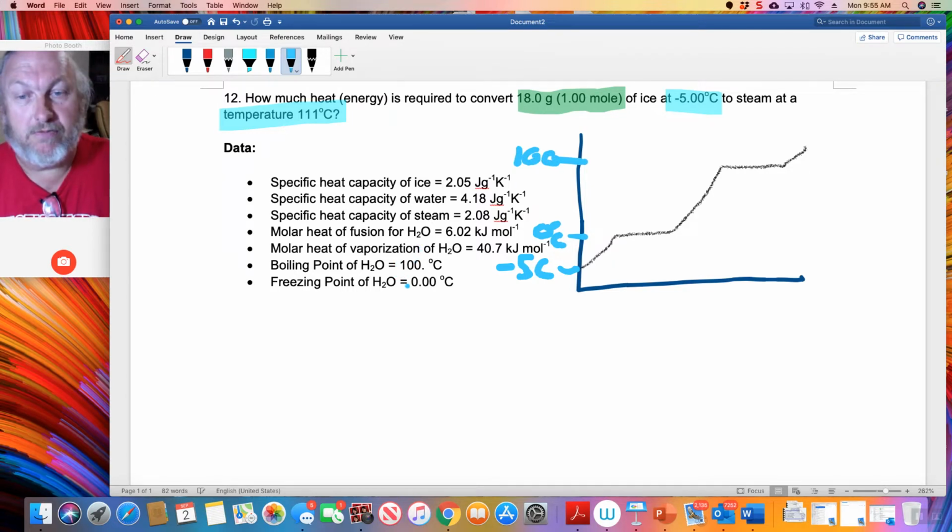The freezing point of H2O is 0 degrees C. The boiling point of H2O is 100. So I need to label those. Then our final temperature is right here. That is 111 degrees C.